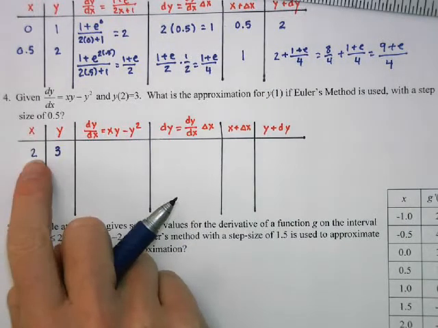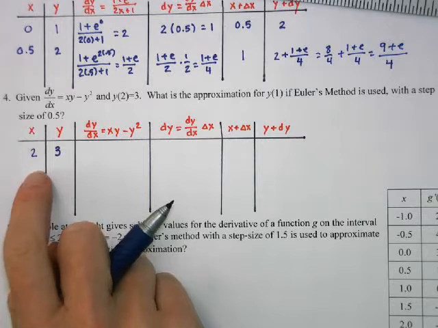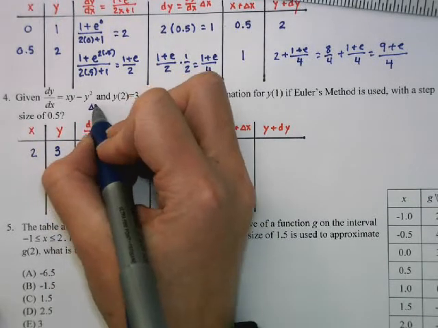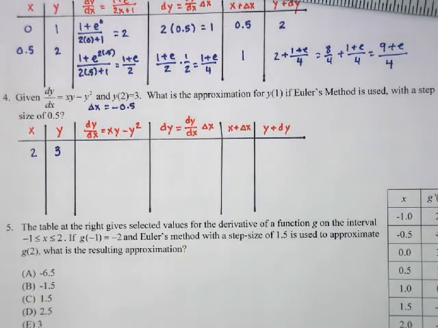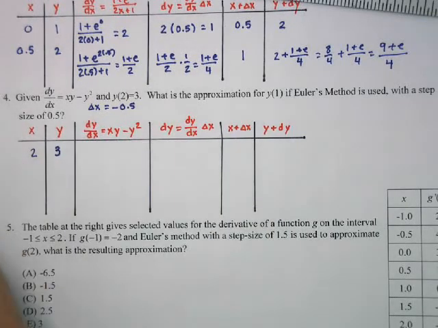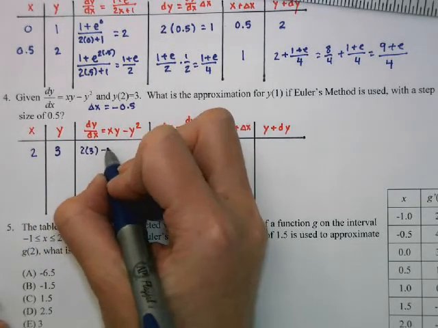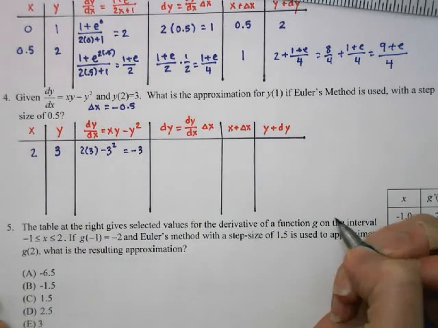So thinking about the x values, we're going to be at 2, then we're going to go down. So we're going to go to 1.5, then to 1. So our delta x is actually negative 0.5 because we're going backwards. Okay, so my first slope here is 2 times 3 minus 3 squared. So 6 minus 9 is -3.